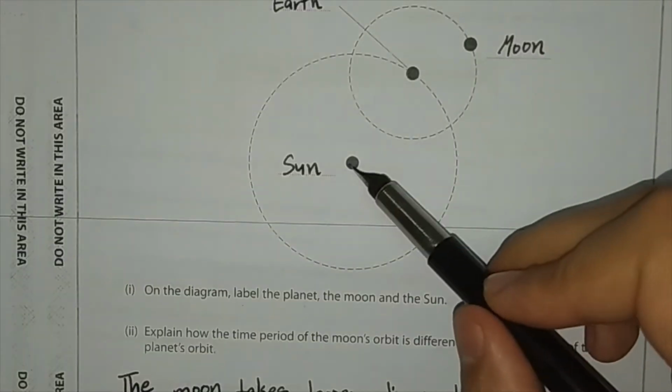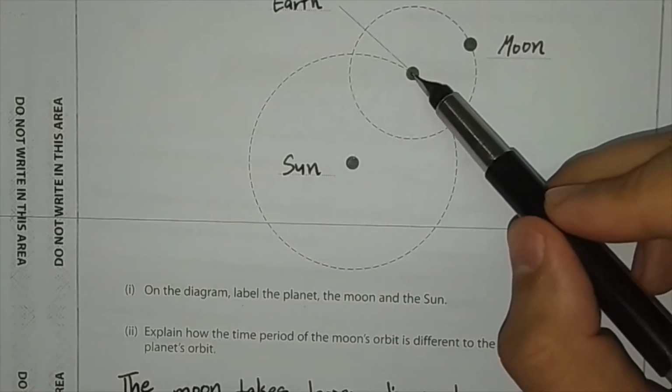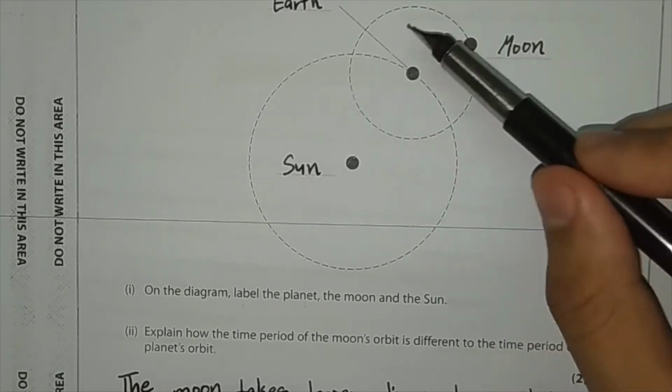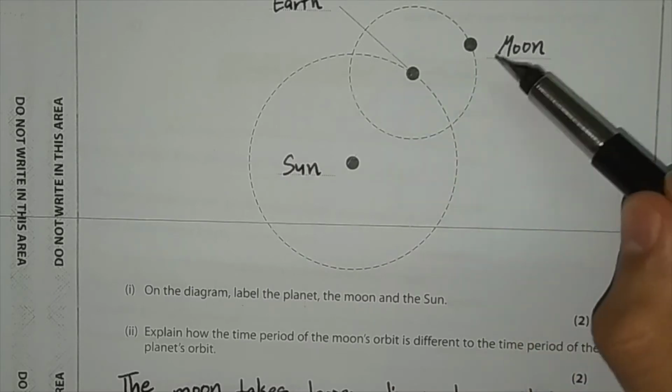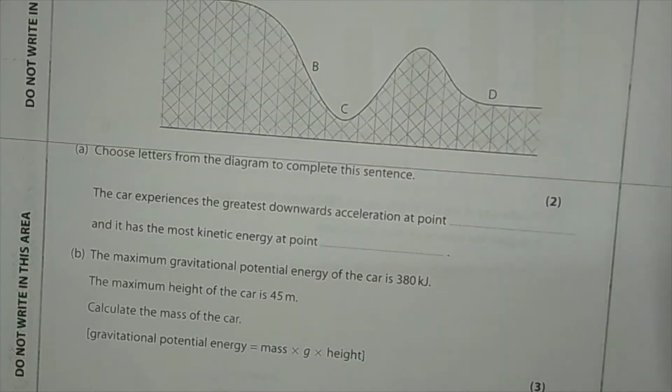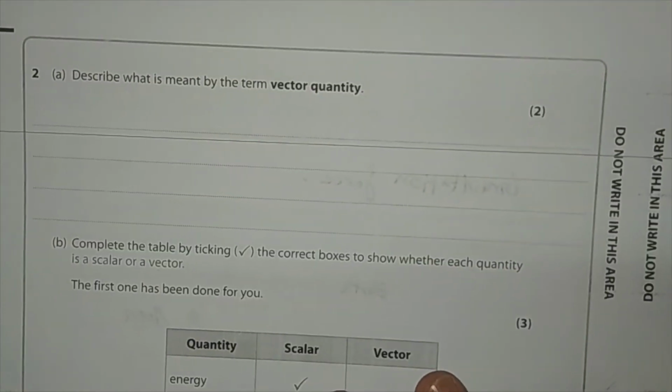Over here you see the orbital radius is much higher than over here. So when the radius is smaller, obviously the circumference will be smaller, and hence time taken to complete one orbit will be smaller. Okay, next part, question number 2.